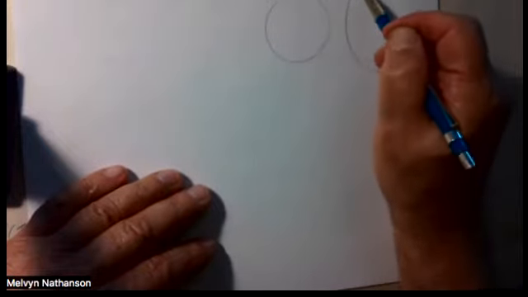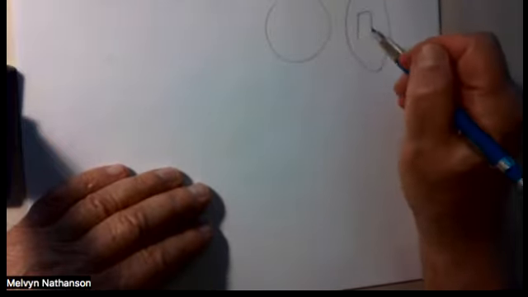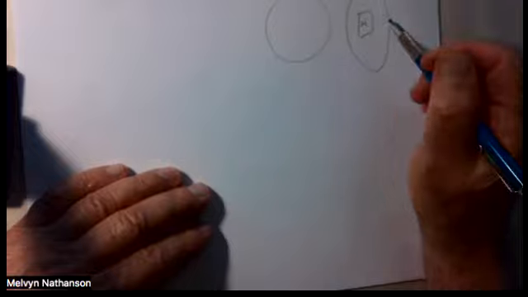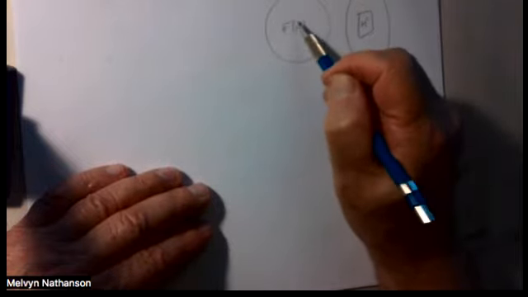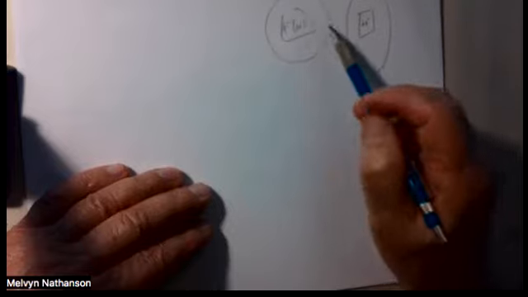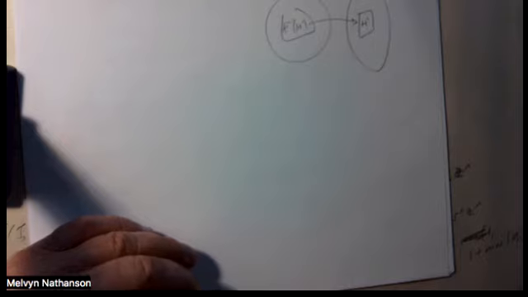Here's G, here's G prime. Here's a homomorphism f between them. And over in G prime, we have a subgroup H prime and f inverse of H prime. That's everything in G which gets mapped to H prime.